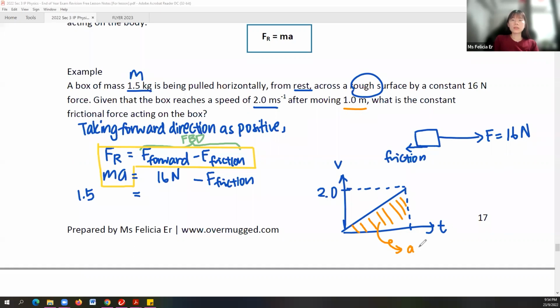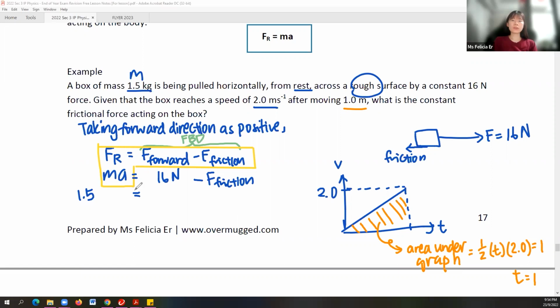Next is how to find the T value. You make use of area under graph. Area under graph is half times base times height. The height is 2, and you know that the area under graph is 1 meter. That's how you can tell the time. Do your math, very easy: half times 2 is 1, that's why time is 1 second.